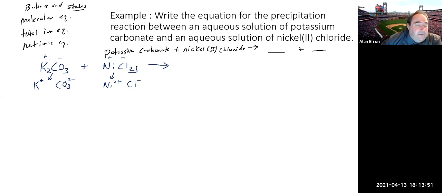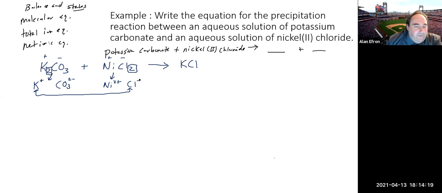I am not concerned at this point about these 2s, because if I am, I'm going to end up with the wrong formula. I want to get the right formula first and then balance it so I don't mess up. That means my potassium and my chloride come together and make the proper formula for potassium chloride, which is KCl.